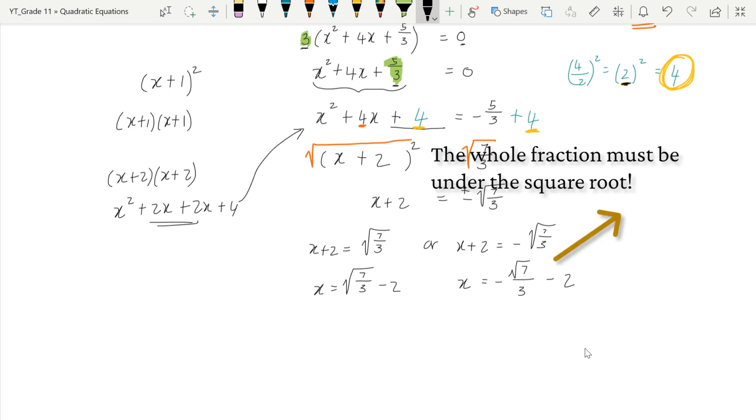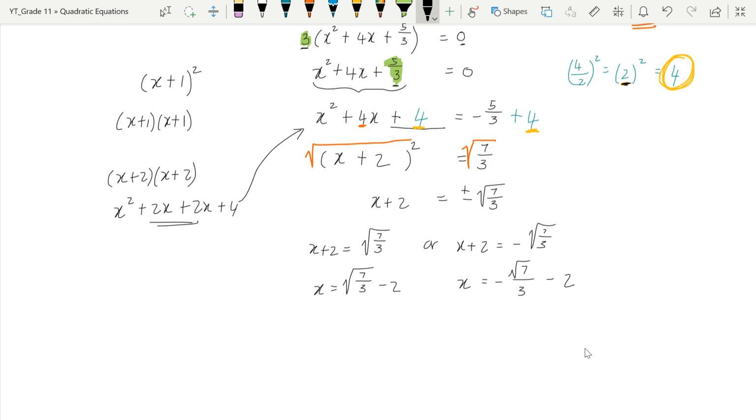So if I'm going to put that into my calculator, just give me a moment. So I've got the square root, and then I've got 7 over 3. Oopsie. Make sure that the minus 2 isn't under the square root, hey? So I'm just going to write that as a decimal. x would be equal to negative 0.47.